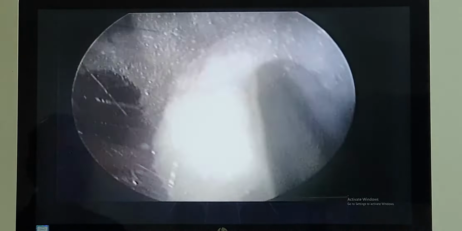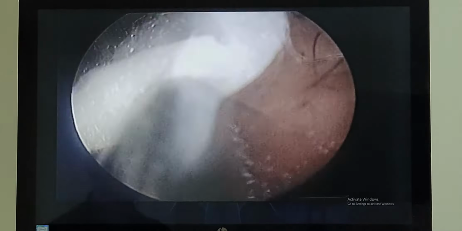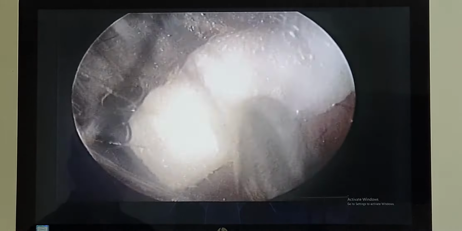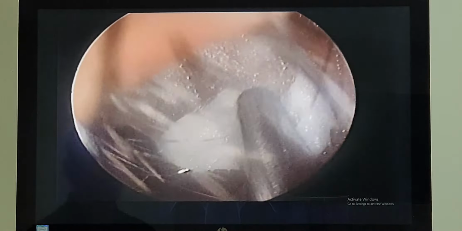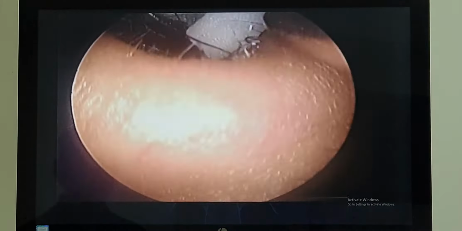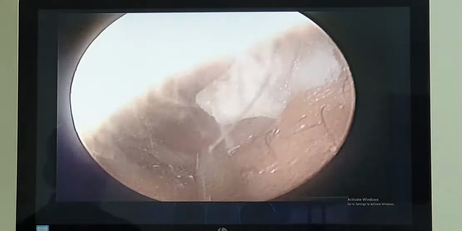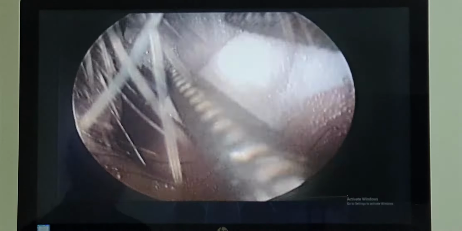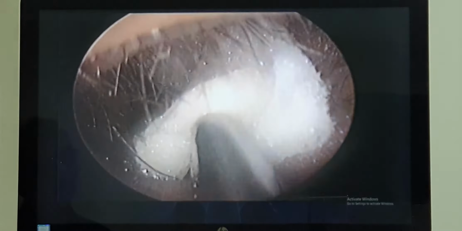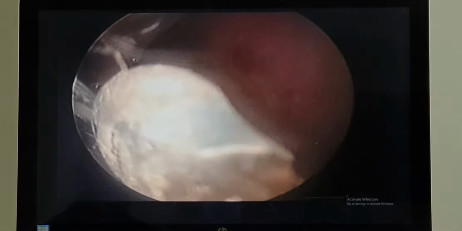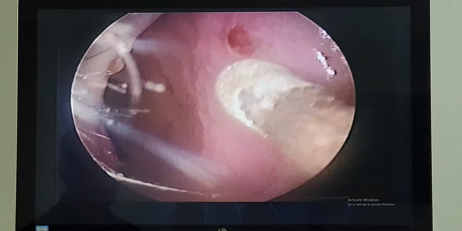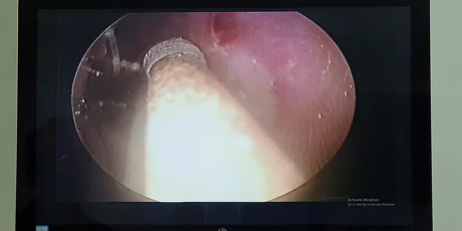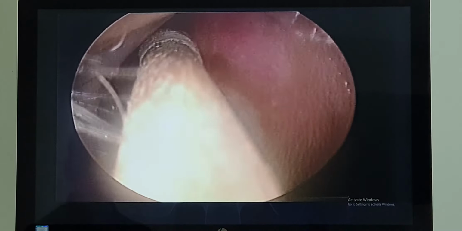Then I will remove it, followed by cauterization, with the same technique which I have already mentioned. I will start cauterizing from one side, go around the bleeding point, and finally touch the bleeding point. I will try to avoid pressing on any particular area continuously. I will just touch superficially.